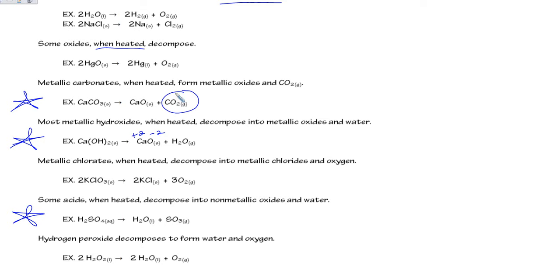When you bake with sodium bicarbonate, baking soda, it decomposes, and one of those products is carbon dioxide gas, and that's what makes your cakes rise and all that good stuff. So these are real common. And again, you can find the formula of the metal oxide by using its charges, because it's going to be ionic.